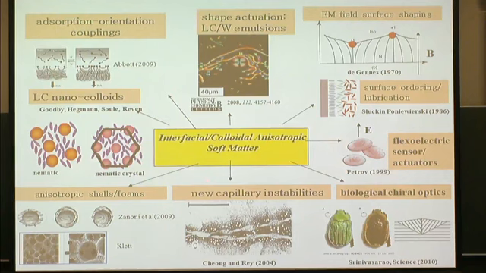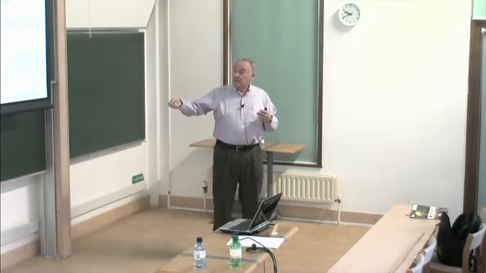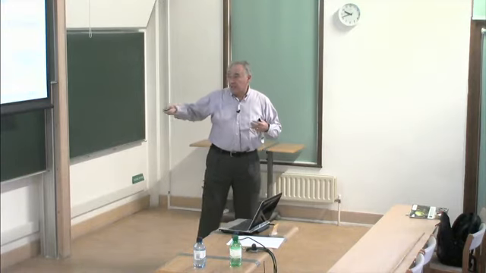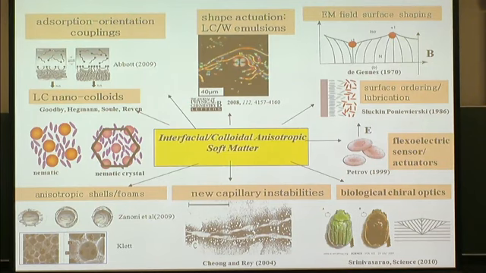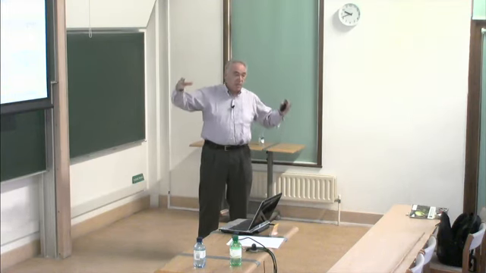We also have new capillary instabilities. I talked about this point on Thursday. For isotropic systems, you have Rayleigh instabilities, the conversion of fibers into drops to minimize the surface area. A key point is that for these systems, the surface energies depend not only on surface area but on surface orientation.